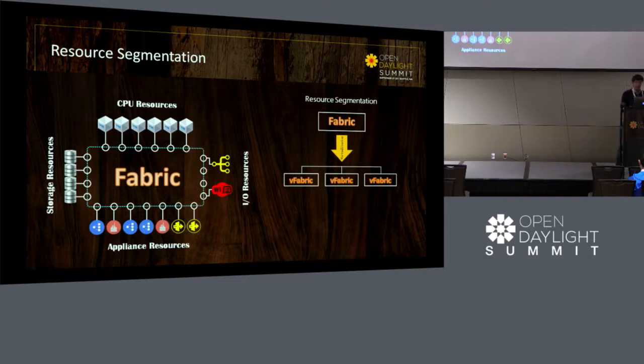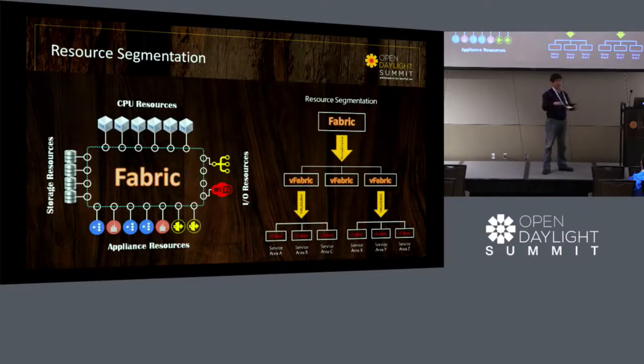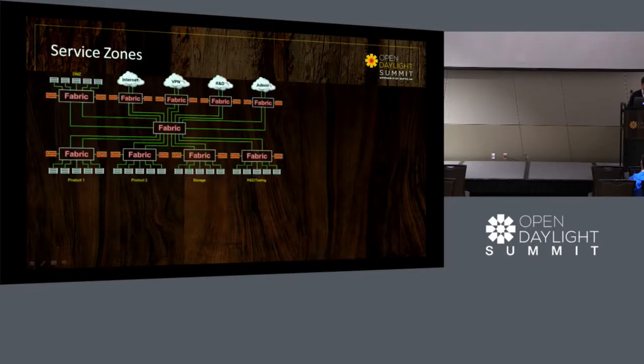And if I try segmentation, I just split this fabric, and it becomes a virtual fabric. So each resource connected to this vFabric belongs to the owner of this vFabric, so it cannot cross over. So the resource segmentation becomes very clear and very easy.